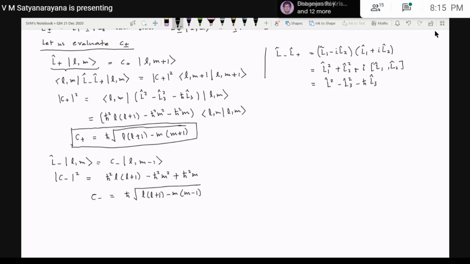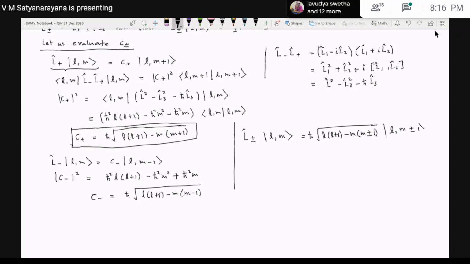As a result, we can write L plus minus acting on |L, M⟩ is equal to h bar times the square root of L into L plus 1 minus M into M plus minus 1, times |L, M plus minus 1⟩.